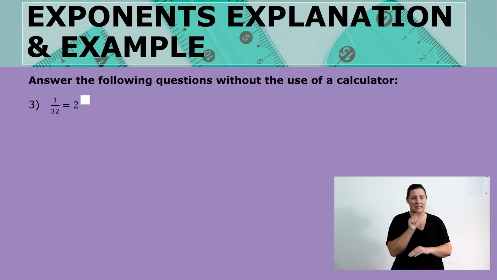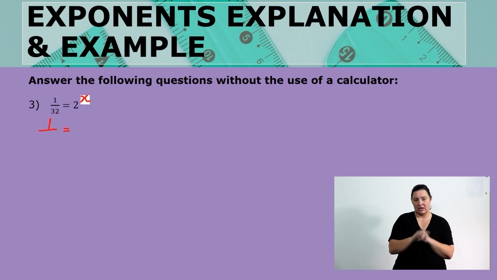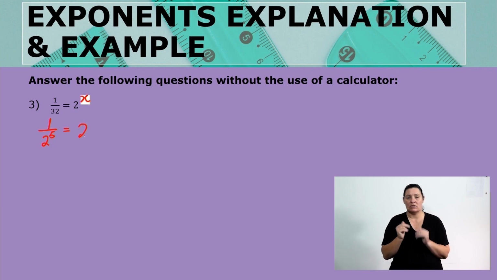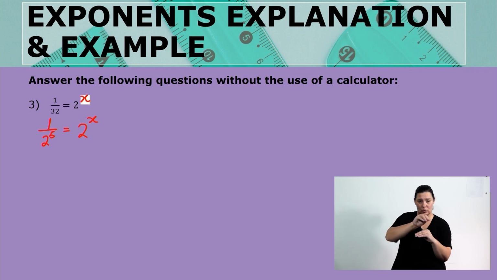We have 1 divided by 32. We can use any letter to show that we are working with an unknown. 1 divided by 32, that is 2 to the exponent of 5, and that is equal to 2 to the exponent of x. But for us to get them to the same base, we need to move this power from the denominator to the numerator.